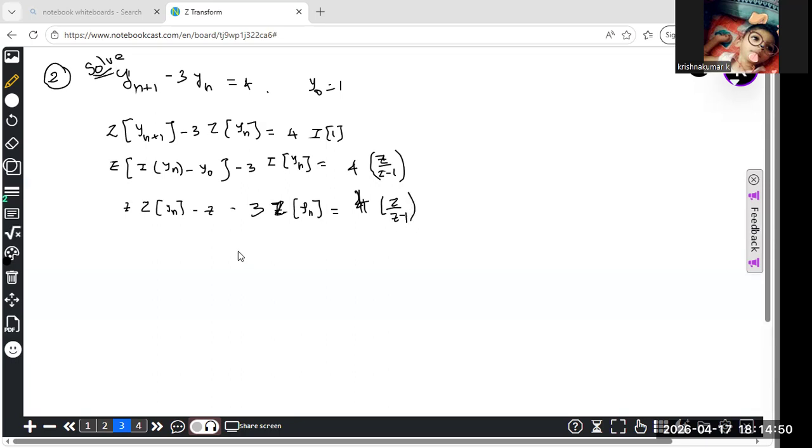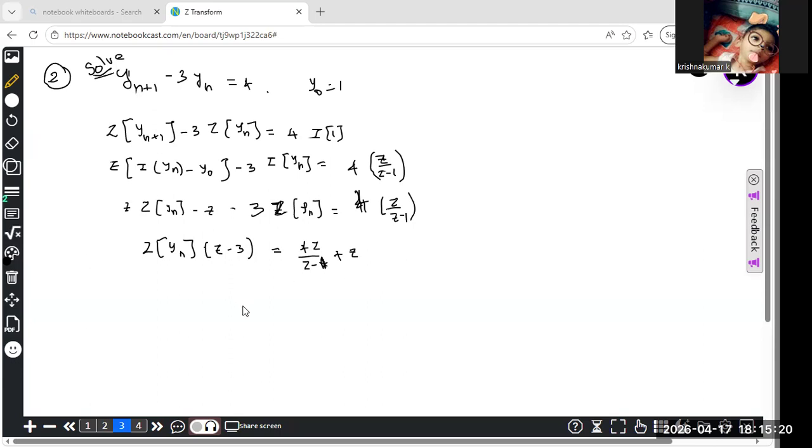Okay, now you can take this Z transform of y(n) commonly outside from these two terms. If you take that, then Z transform of y(n) into z minus 3 will come. And this minus z, if you bring this minus z to the right side, you can get 4z divided by z minus 1, plus z.